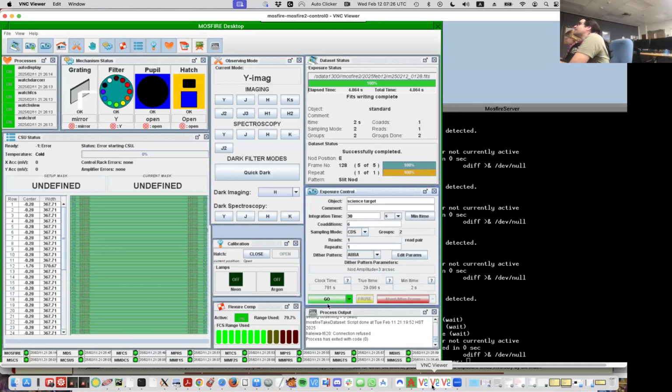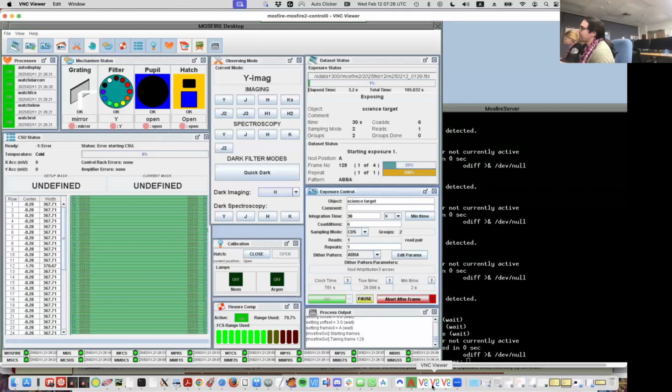Okay, so I'm going to hit the go button here because we are probably going to have to do a difference here just to make sure, because now we're A, making sure it's there, and B, making sure that the... Exposure complete. I'm not sure what that exposure complete was because that was supposed to be like a 3-minute exposure.